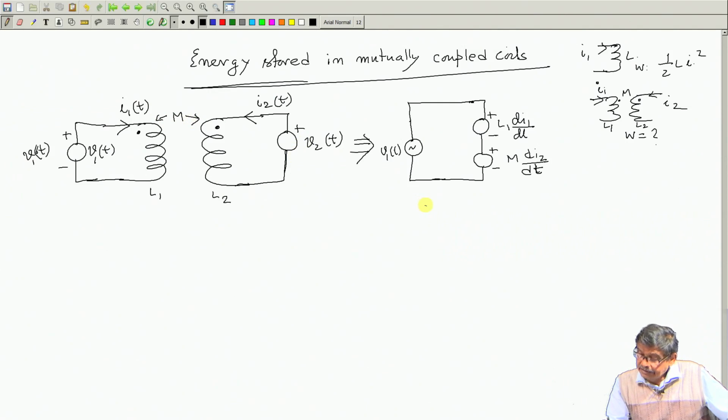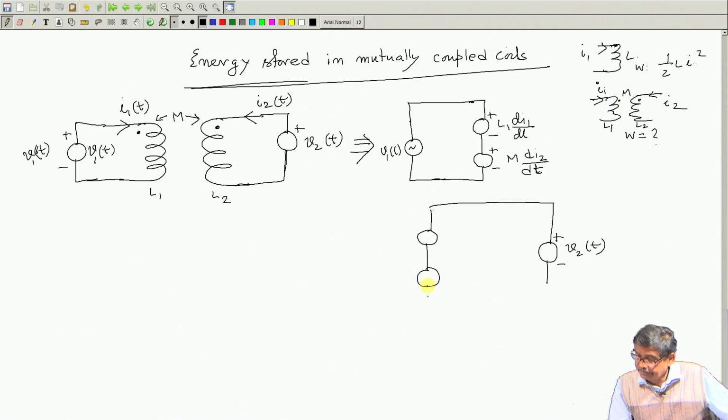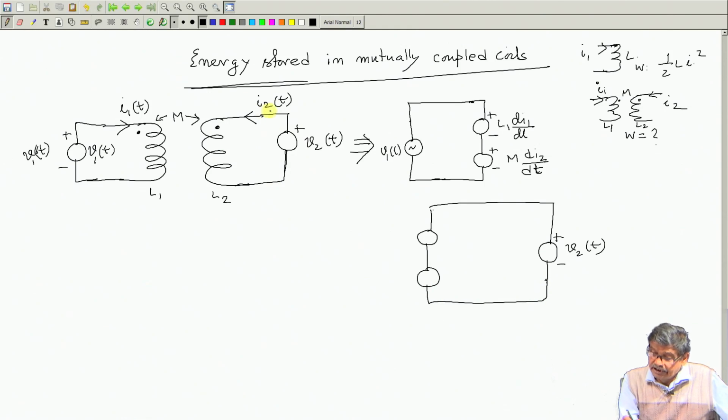Similarly, in the second coil, the voltage applied is V2(t) with this polarity, and you have two sources of EMF in series. One is, obviously, I2 is entering, so L2 di2/dt with this plus, this minus.